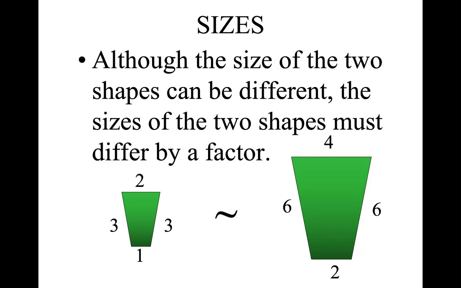So in terms of sizes, although the size of the two shapes can be different, the sizes of the two shapes must differ by a factor. That factor is our scale factor. So if I'm looking at this, if these are similar to each other, then their corresponding sides, remember that term, we talked about this in the last lesson, the corresponding sides have to be related to each other by a ratio, which is the scale factor.